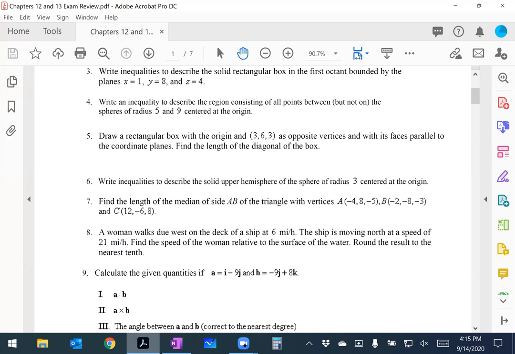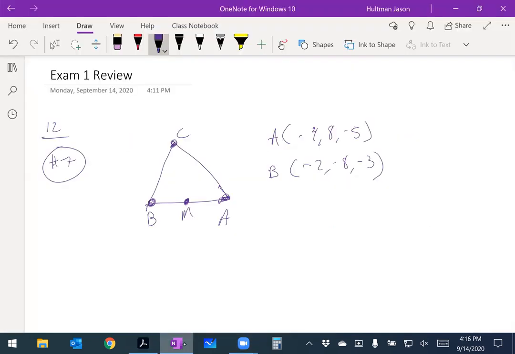So we want to find the median of that first, and then we want to find the length from the median to point C.